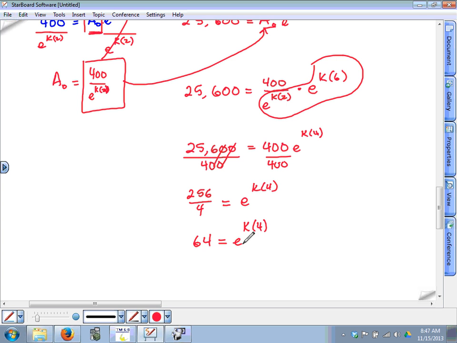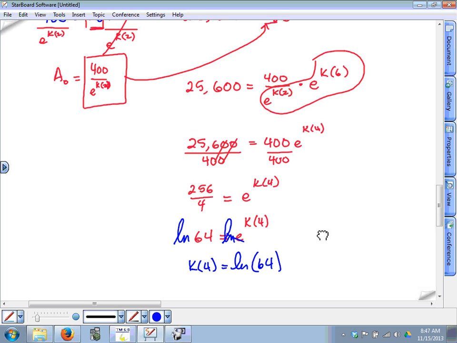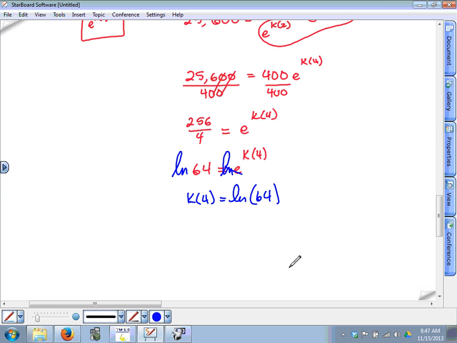Now we do the natural log here, and we do the natural log there. We do the natural log everywhere. So now we have k times 4 is equal to the natural log of 64. And divide by 4.